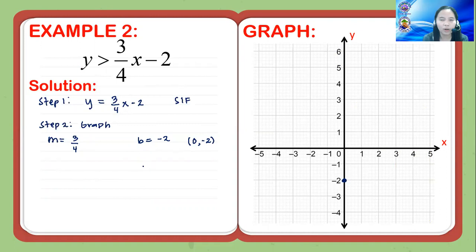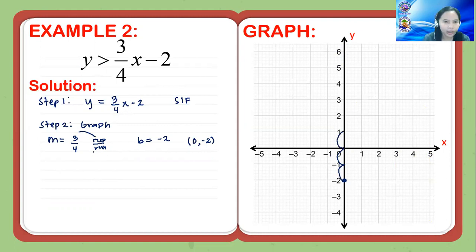Then we will move on to the rise over run. Since our slope is positive, our rise is going upward. Since the numerator is 3, we are going 3 steps upward: 1, 2, 3.